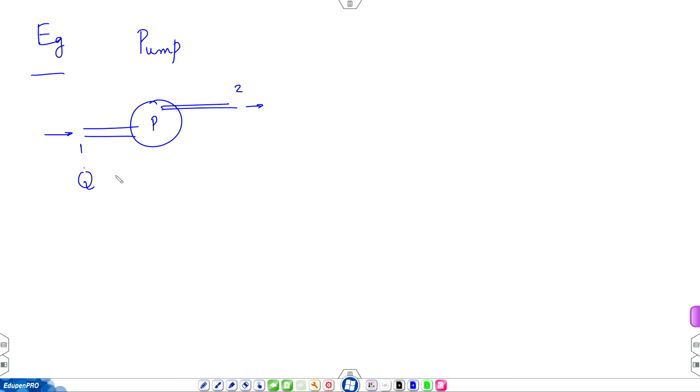So, Q dot minus W dot shaft work is equal to m dot E2 minus E1. So, this is the energy equation. So, we have a steady flow process, that means the pump is in continuous operation. Okay, the steady flow going through the pump.